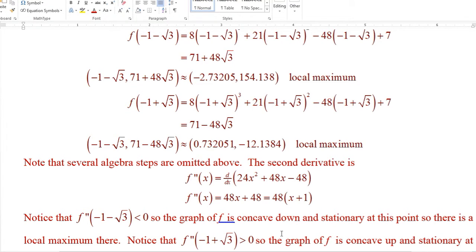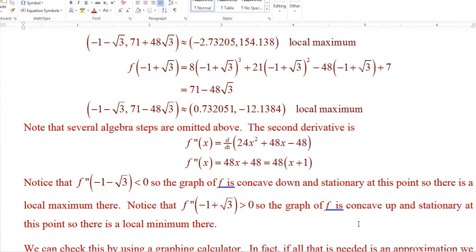And similarly, if you take -1 plus the square root of 3 and plug in here, that's to the right of -1, so you get a positive second derivative. So the graph of f is concave up, but it's also stationary, so that makes it a local minimum.